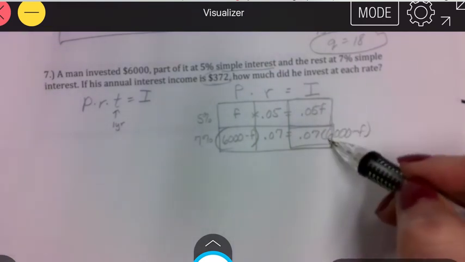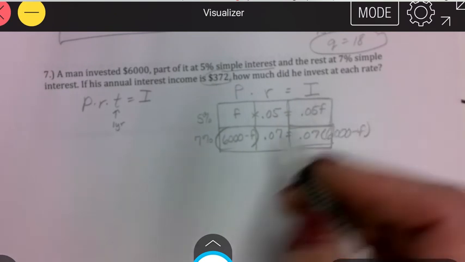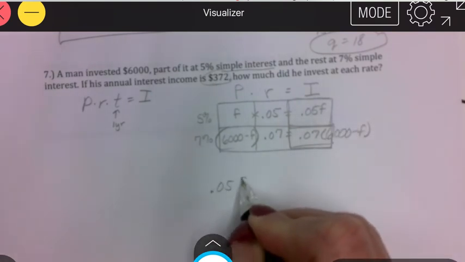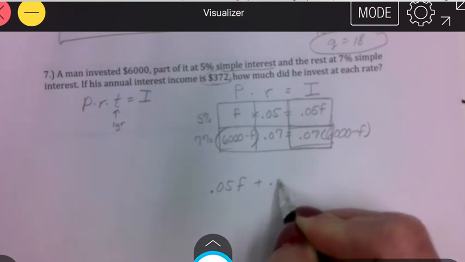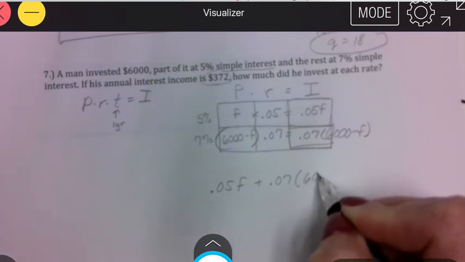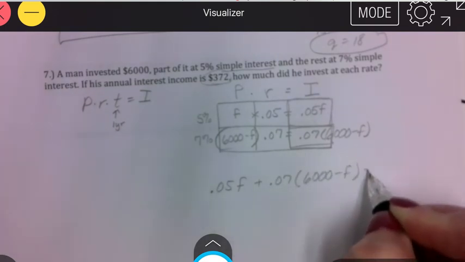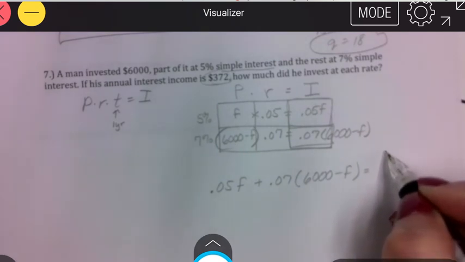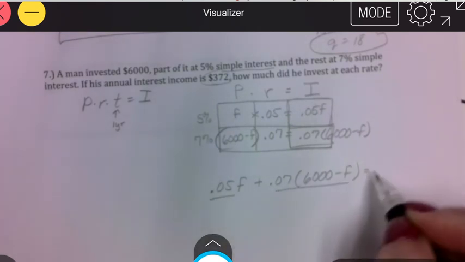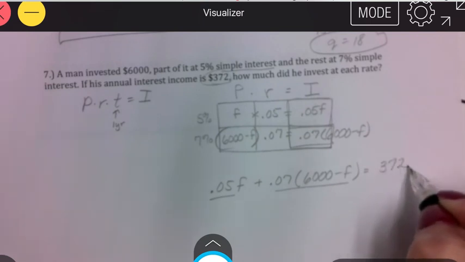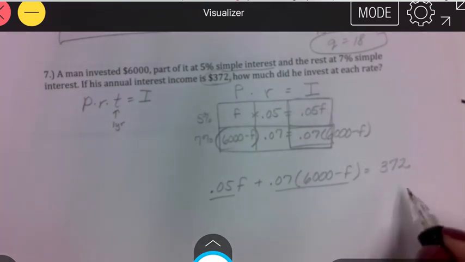These represent the principal at each. So what I'm going to do is take that 0.05F plus 0.07 times 6,000 minus F, and set it equal to 372. This represents interest, this represents interest, this represents 372.